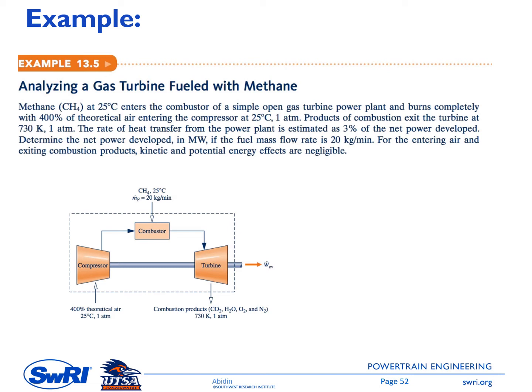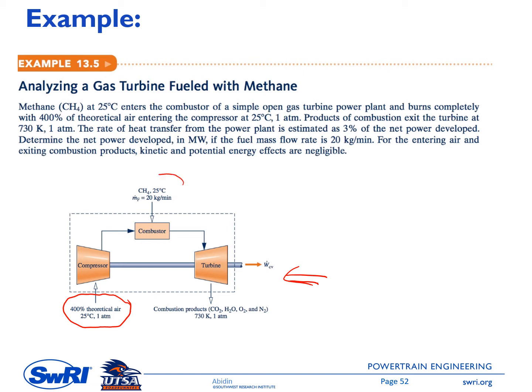Okay, let's take a look at the solution of this problem, and the schematic is at the bottom side. So we have theoretical air entering the system at 25 degrees C and 1 atmosphere, and it has 400% theoretical air amount here.